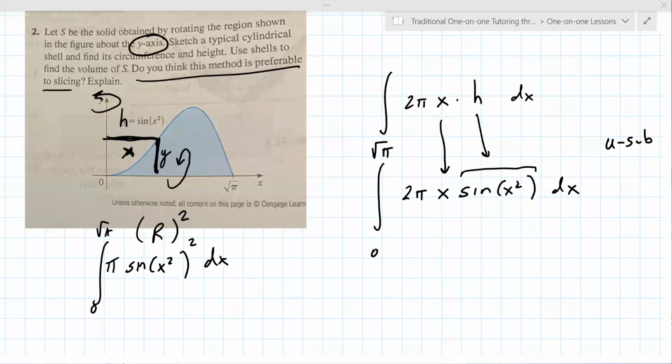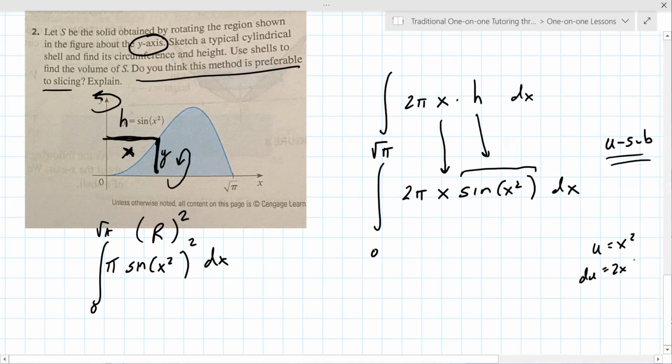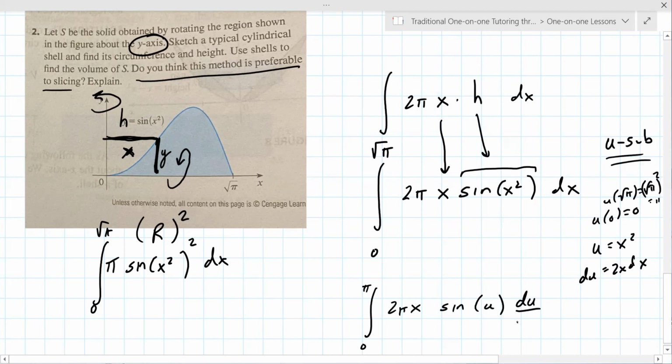So on the right here, let's talk about how you would integrate this. It's u substitution. Your u is x squared, your du is 2x dx. You probably want to change your bounds. So u of 0 is 0, u of square root of pi is square root of pi squared, so it's just pi. It becomes the integral from 0 to pi, 2 pi x sine u, and instead of dx, it's du over 2x.